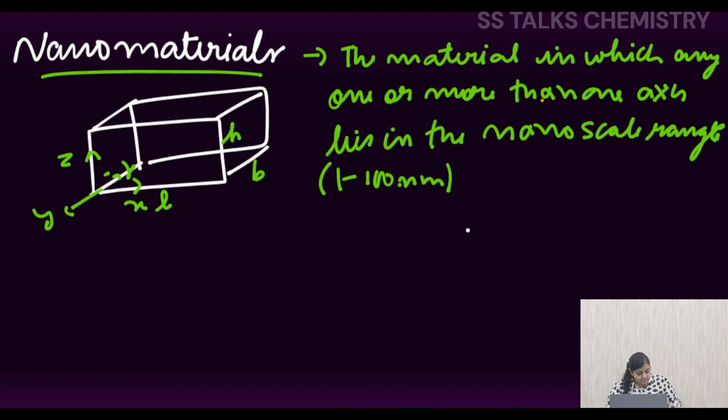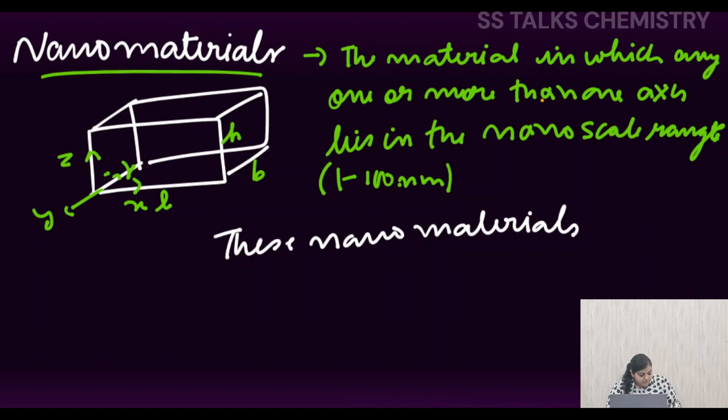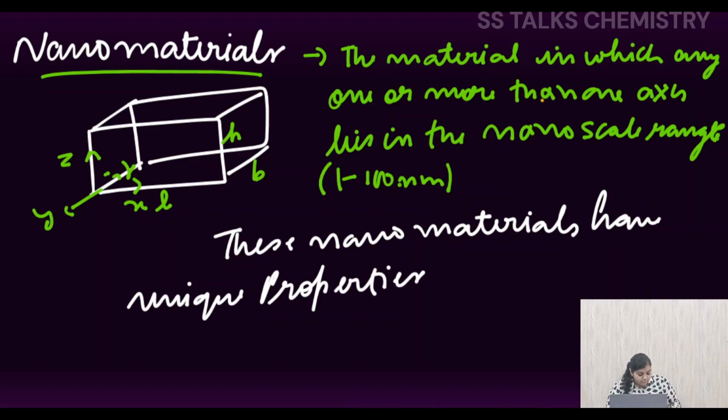So the materials in which one or more than one axis lie in the nanoscale range are your nanomaterials, and these nanomaterials have unique properties. So what are these unique properties?